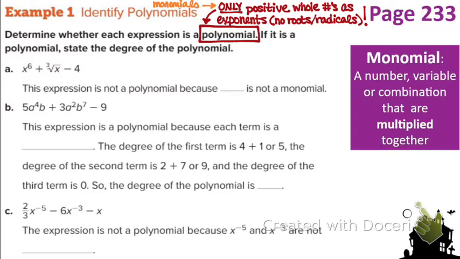Remember, polynomials are made up of monomials. Each term needs to be a monomial in order for it to be a polynomial, because poly means what again? Multiple. More than one. In this case, we can have one or more than one for a polynomial.